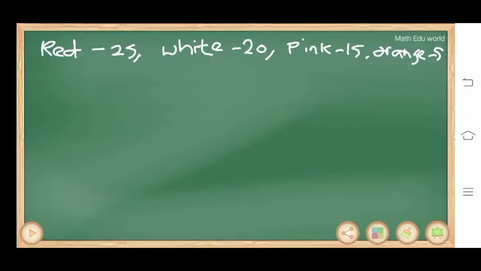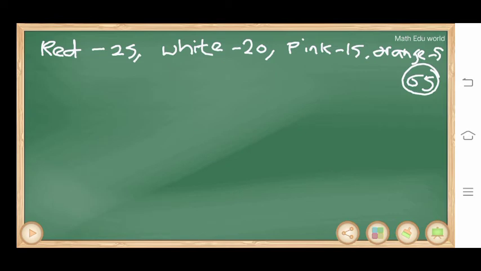In this question, there are 25 red roses, 20 white, 15 pink, and 5 orange. So in total we have 25 plus 20 plus 15 plus 5, which is 65 roses. 3 roses are chosen at random.